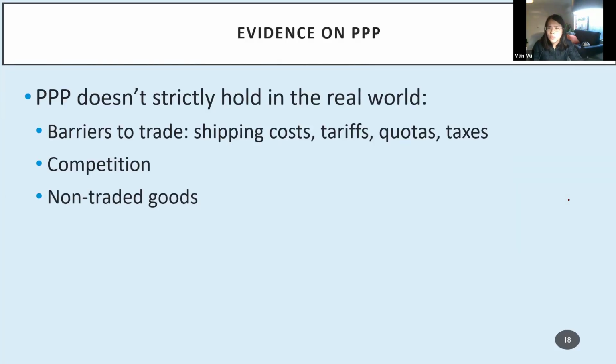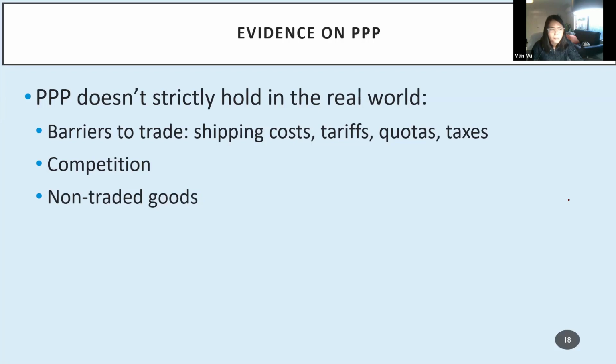In terms of empirical evidence, as we have mentioned before, sometimes the PPP does not hold strictly in the real world. Number one, because the goods are very unique. And number two, there could be some frictions in the market.